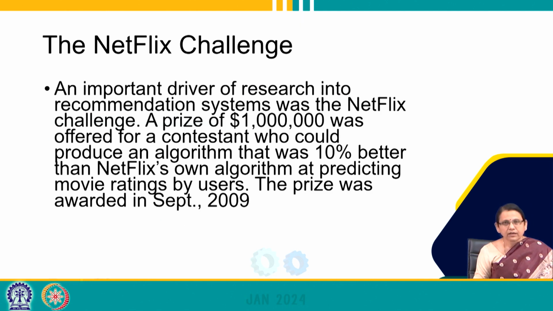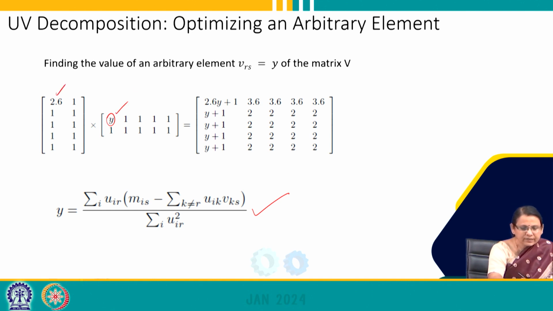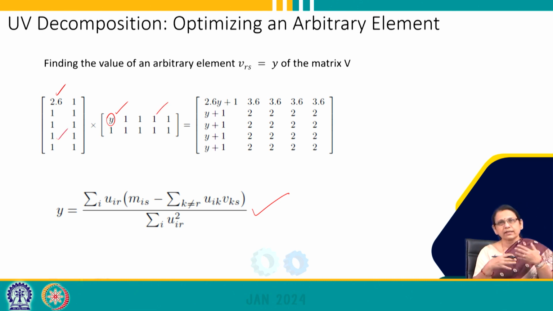And using this x and y, you can iterate. Once you took x here, second time you took y here, next time you choose some x here, some y here. So, either in a systematic order or in some random order, you change and you update.